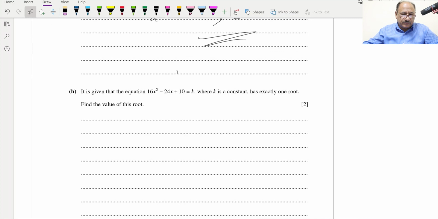Hopefully you understood this. Now part b. It is given that this equation is equal to k, where k is a constant, and has exactly one root. Find the value of this root. So what we can do, we can write b squared minus 4ac; exactly one root means it is equal to 0.